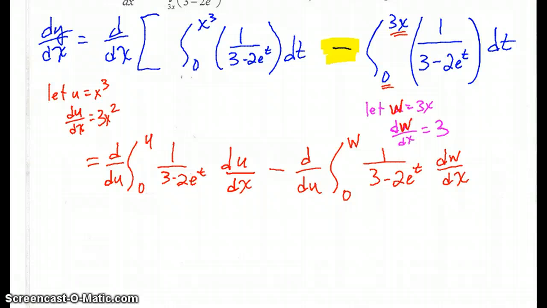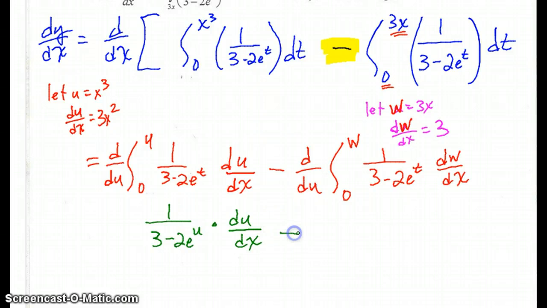We find that we're going to get 1 over our function to the u power times du dx minus our function again, but this time it's going to be e to the w times dw dx.